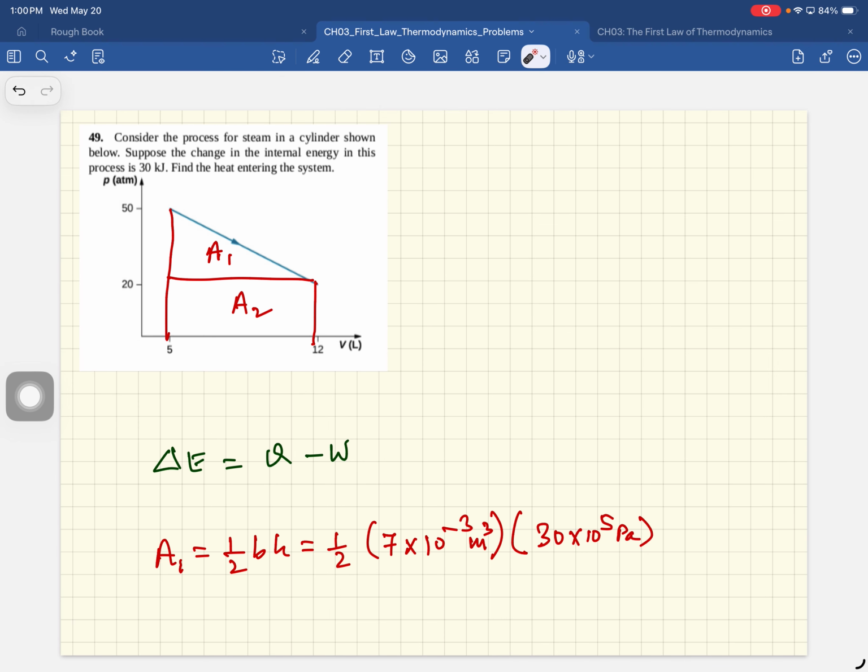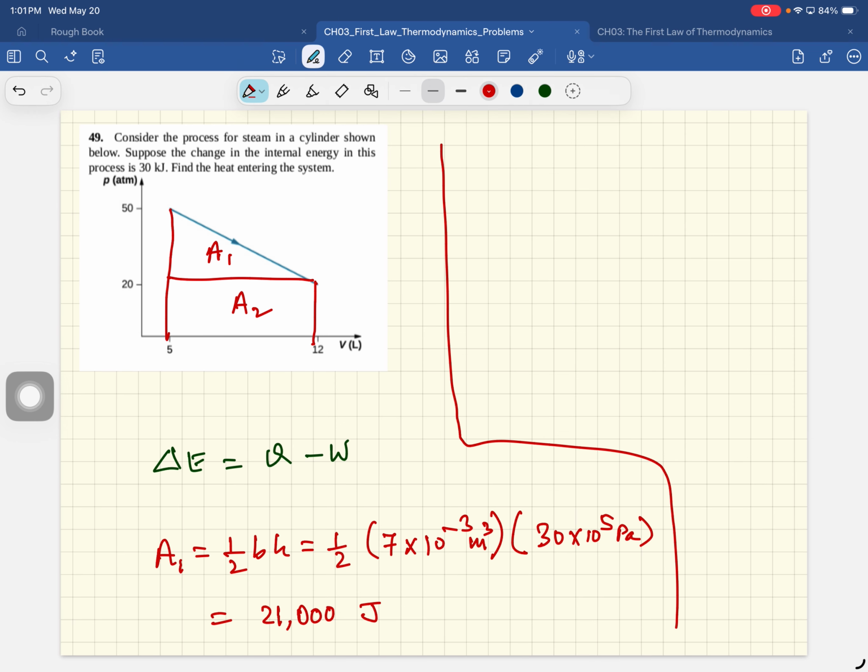Okay, so we calculated the work done along all the 4 segments. Find the internal energy change in the processes AB and BC. Okay. Going from A to B, you added this much heat and you did 0 work.